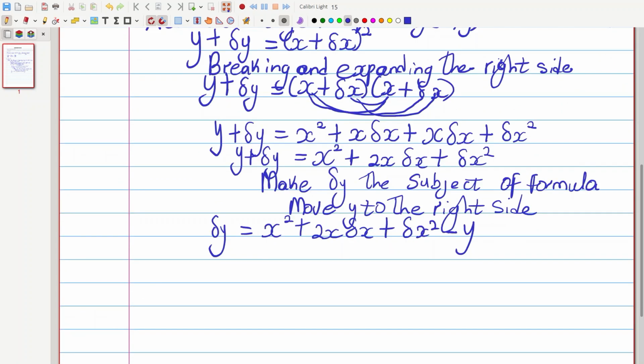So we're going to replace y by substituting x squared for y, because y is equal to x squared. So basically we're getting rid of y.